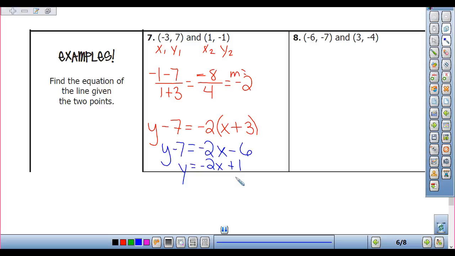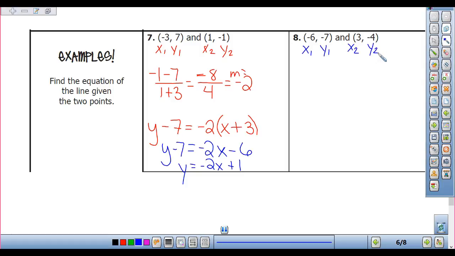All right, x1, y1, x2, y2. First thing I have to find is slope. So go ahead and find your slope.